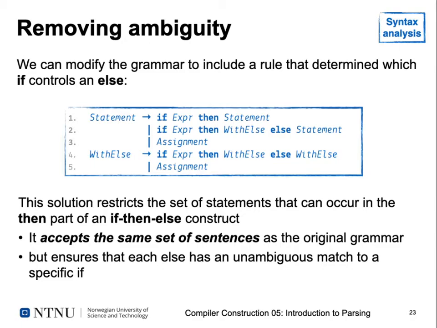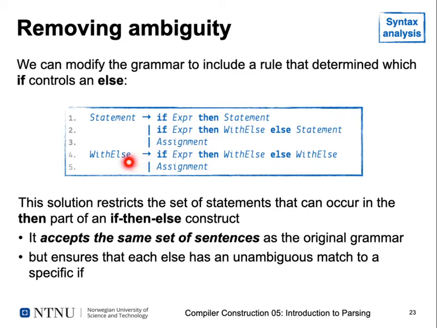So what can we do to remove this ambiguity? We can try to modify the grammar to include a rule that determines which if controls an else. So we split up our rules here and say a statement now is if expression, then just a simple statement, or if expression, then another rule with else statement, or a simple assignment.